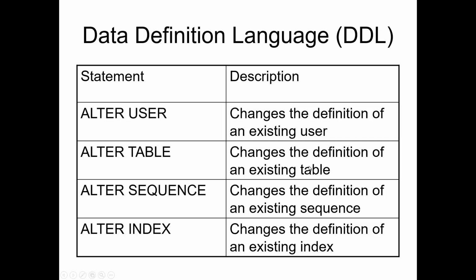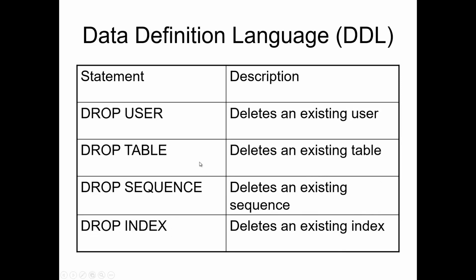The statements in this slide will assist in altering existing information in the database. The alter statement will allow you to make the required changes in the database. You can alter user, alter table, alter sequence, or alter index.